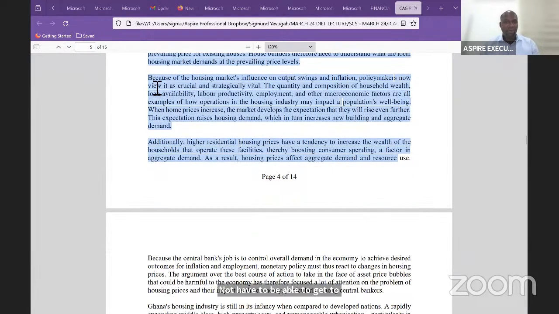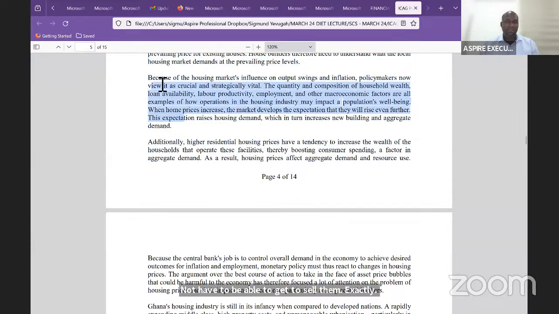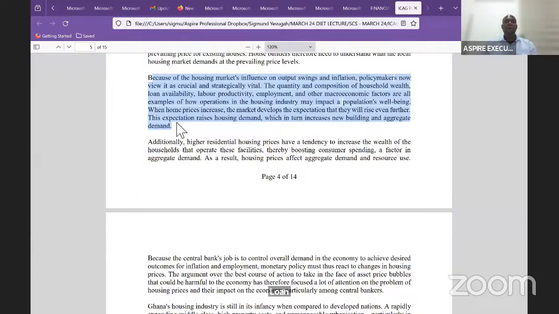Exactly. Because of the housing market's influence on output swings and inflation, policymakers view the real estate area as very crucial and strategic in policy making. The quantity and composition of household wealth, loan availability, labor productivity and employment, and other macroeconomic factors are all examples of how operations in the housing industry may impact a population's well-being.